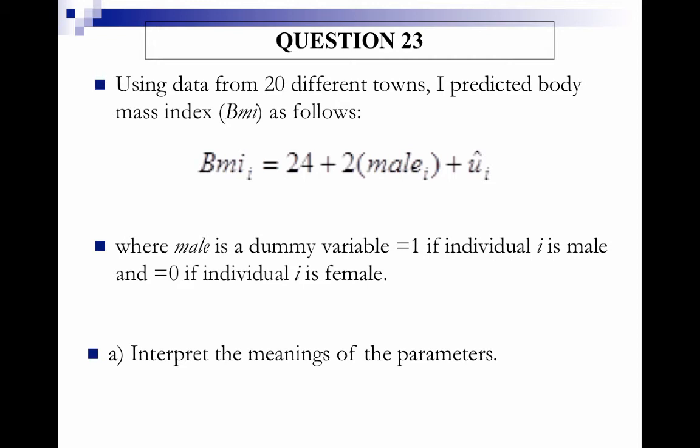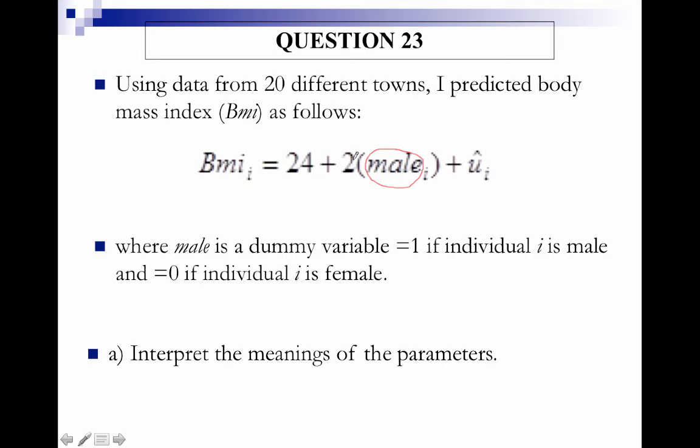You can say that mean BMI, or average BMI, or predicted BMI, or expected BMI is equal to 24 for females. So if we plug in a value of 0 for males, then we're looking at a group of females. So it's simply average BMI is 24 for females. That's for the y-intercept.